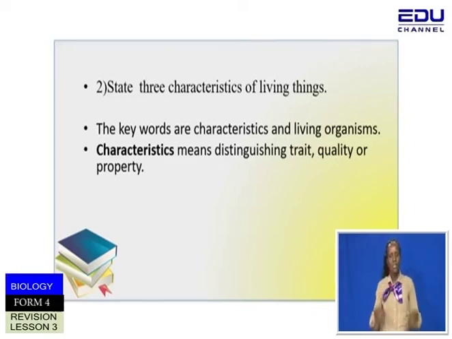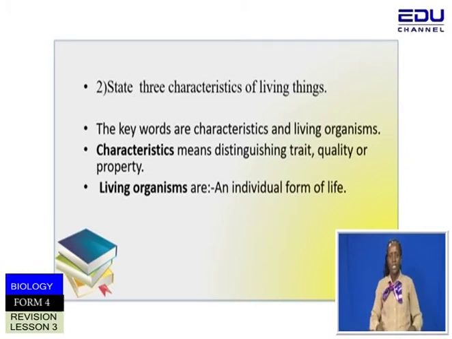The other term that you need to understand before you answer this question is living things. And a living thing is an individual form of life. Lana, another catch of that question is you've been told to state 3.